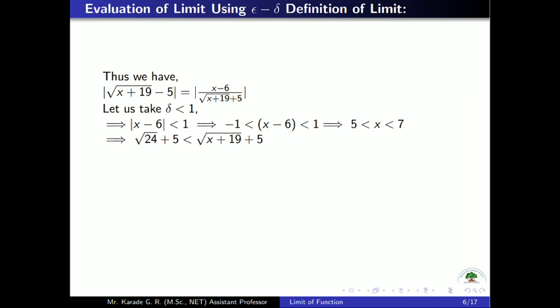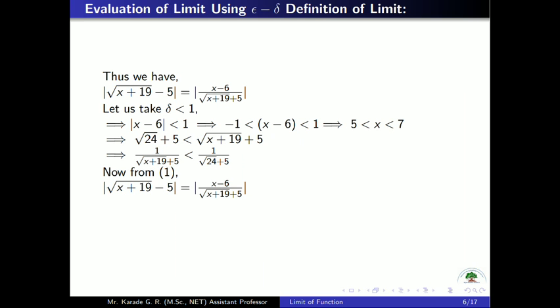Okay, so finally we reach the expression square root of x plus 19 plus 5. Square root of 24 plus 5 is less than square root of x plus 19 plus 5, and if I take the reciprocal, we have this inequality. We will use it in the above first step. Now from 1, what we have is that it is less than or equal to delta upon square root of 24 plus 5.